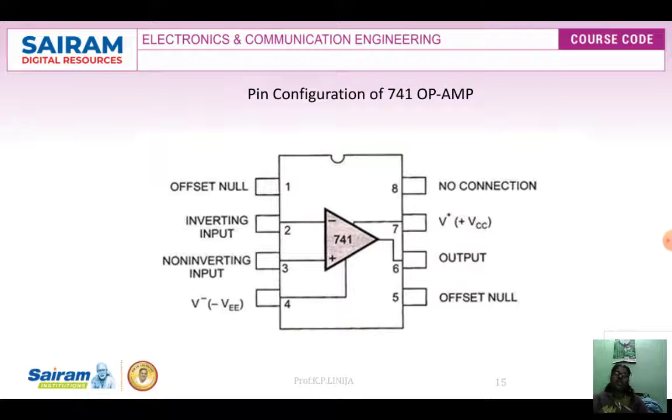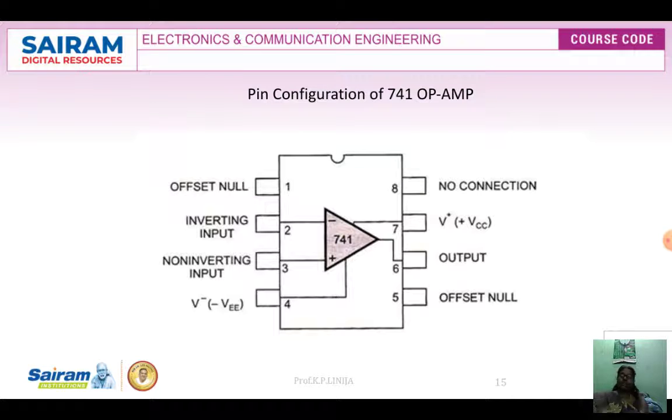The inverting input is marked with a minus sign, and the non-inverting input is marked with a plus sign. Now what will happen if you give the input to the inverting input? A 180-degree phase shift will take place, and if you give the input to the non-inverting terminal, there is no phase shift in the output. And from pin number 6, we take the output.